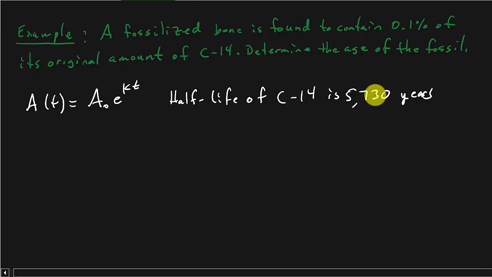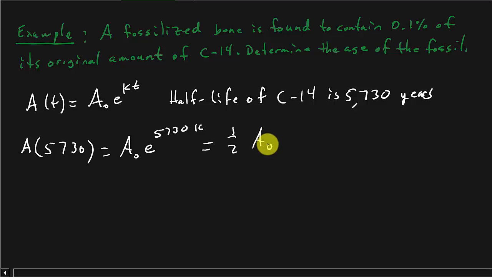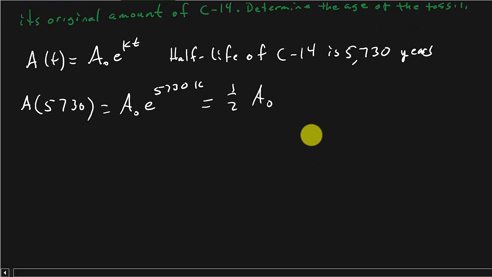So A of 5,730 is equal to A naught e to the 5,730k, which is equal to half of the initial amount. Same old thing: e to the 5,730k equals 1/2.